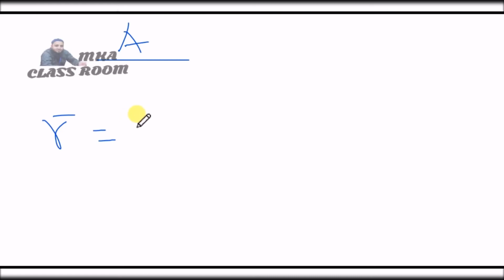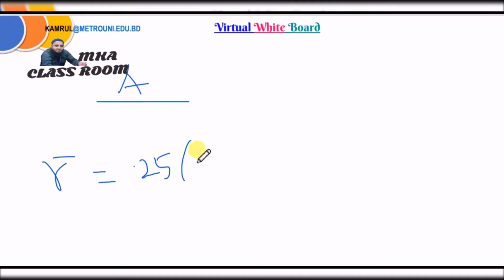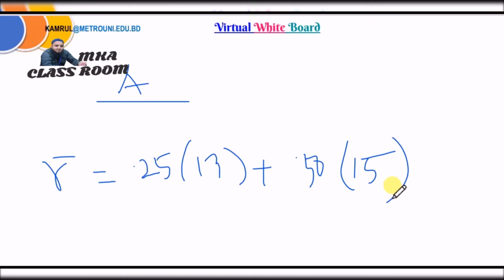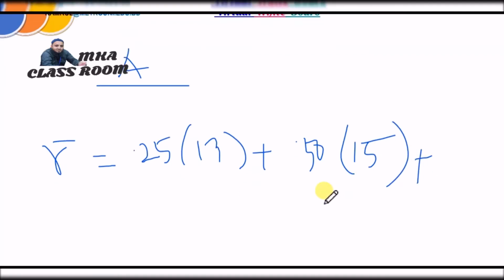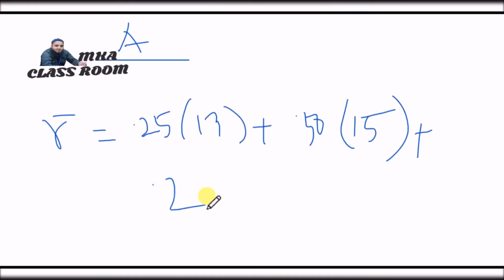So you will see 25%, that means 0.25 times 13% plus 0.50 times 15% plus 0.25 times 17%.